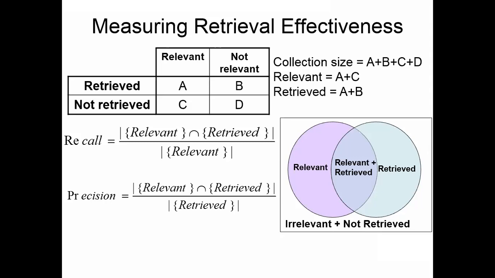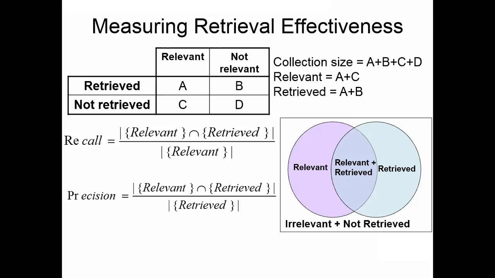How many of the relevant documents available in the corpus are retrieved by the system will give you recall. Retrieve the relevant documents out of the total relevant documents.